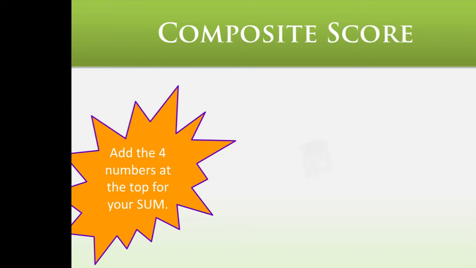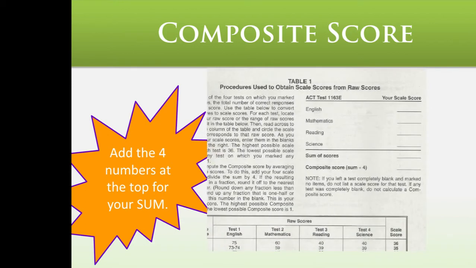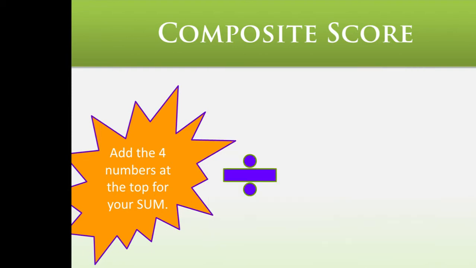You're going to add up all of the numbers that you put in the top part of table 1. So you add up your English, your math, your reading, your science. Put that in the blank that says sum of scores. Next step is you're going to divide that total number by 4, because there are 4 portions of the test.